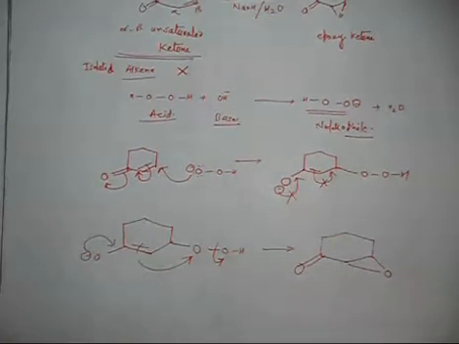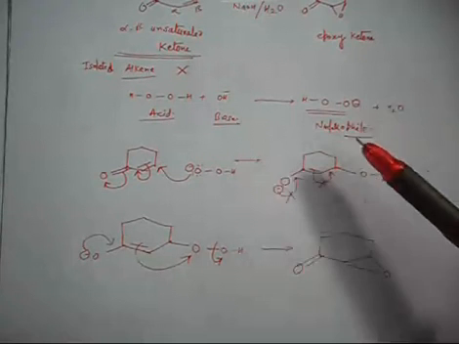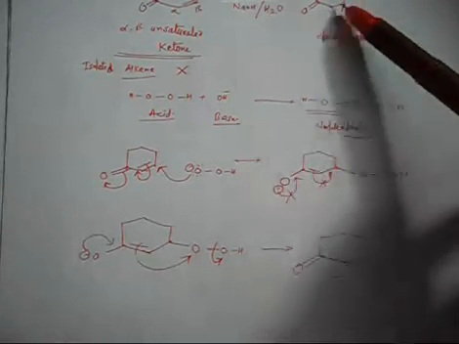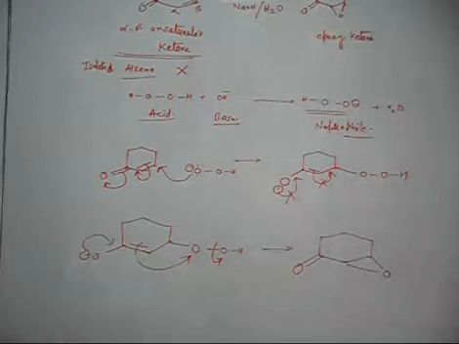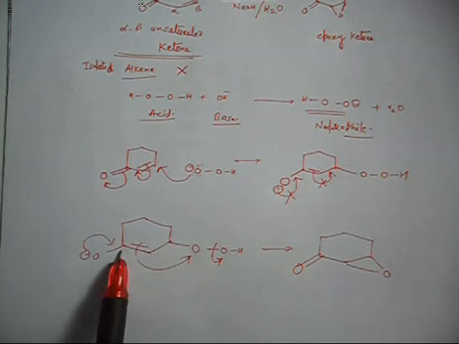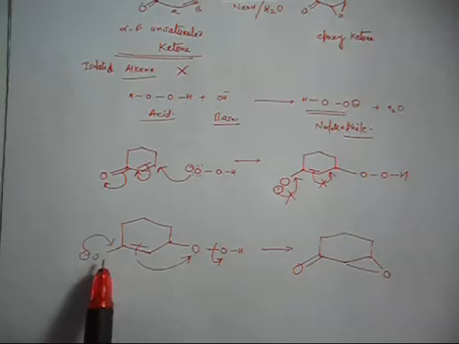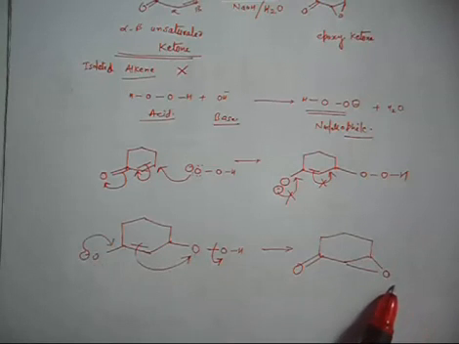Also there is a hint, because I have to make the OCC bond. This can be done only if the double bond acts as a nucleophile. The double bond attacks here, a positive charge comes on this carbon, and this positive charge can be neutralized by the negative charge on oxygen. So finally we get the product.